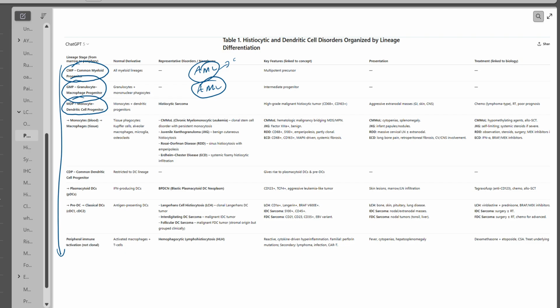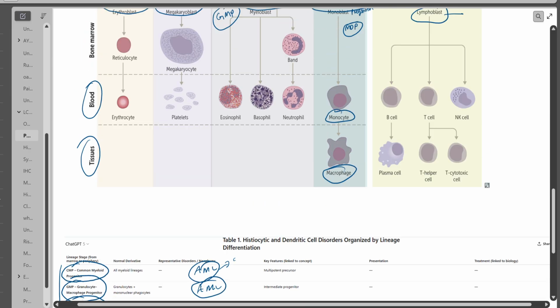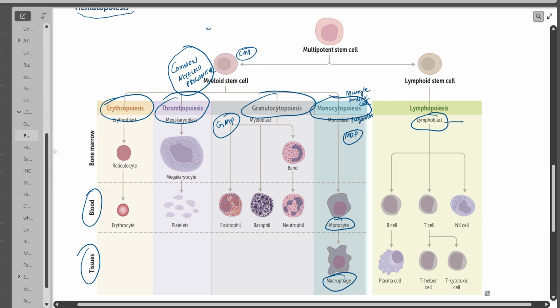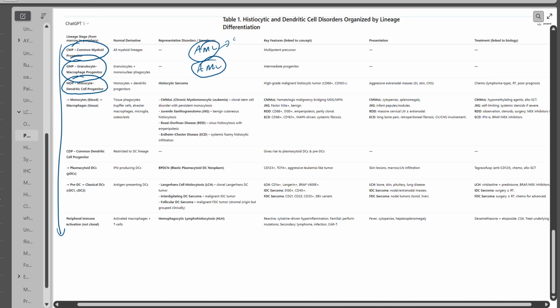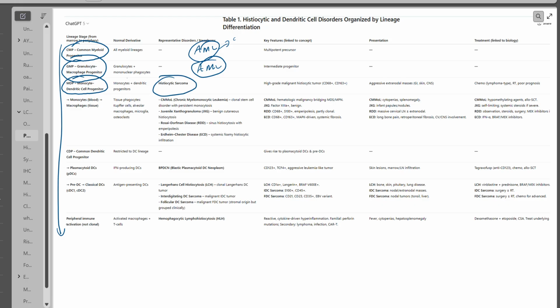Now you see as we come down in the differentiation lineage, you have the monocyte dendritic progenitor, MDP, monoblast. When this starts proliferating, we get a histiocytic sarcoma, monocyte and dendritic progenitor, and this would be in the M group of classification.